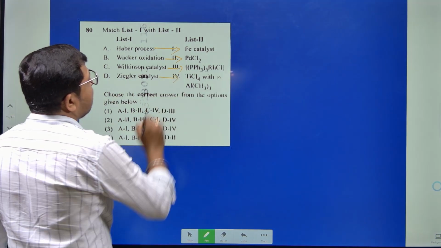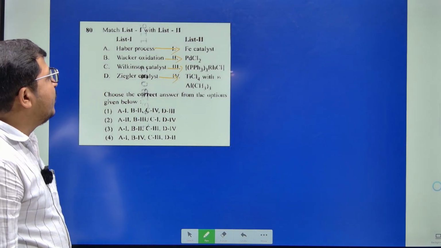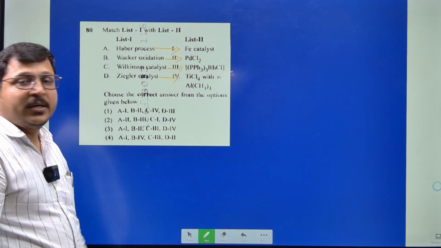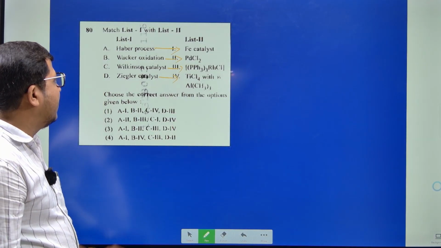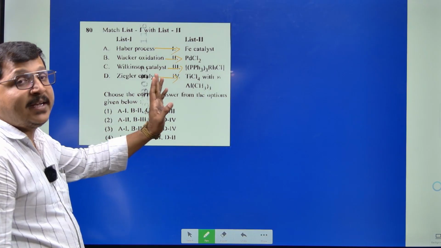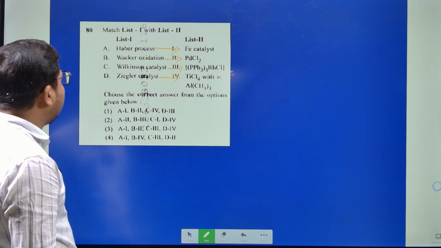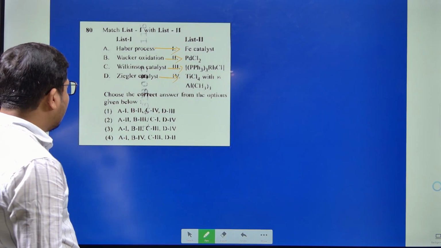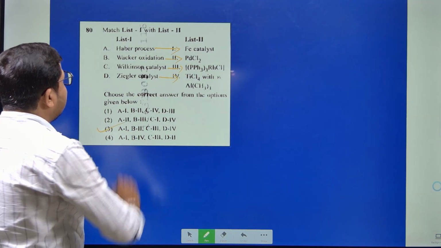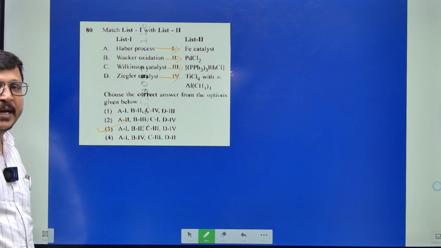Ziegler-Natta catalyst is triethyl aluminum with TiCl4, titanium chloride, not tin. Therefore A4, B1, C2, D3, that is option number 3, is the right option for the 80th question.